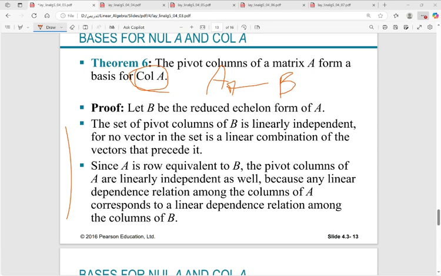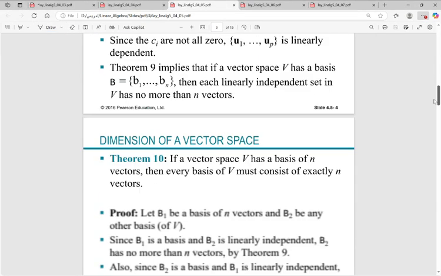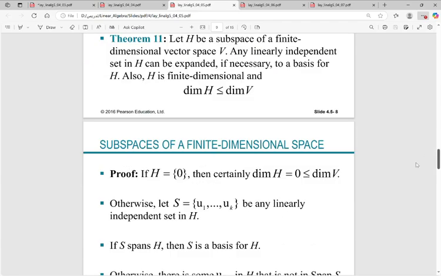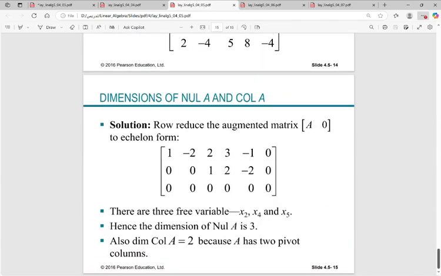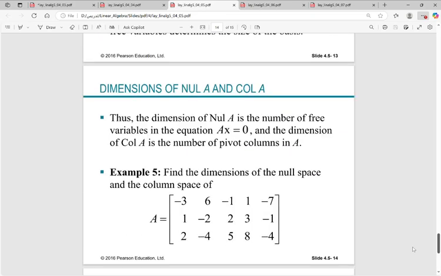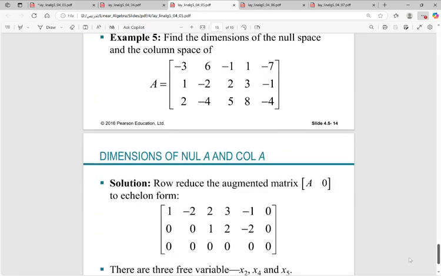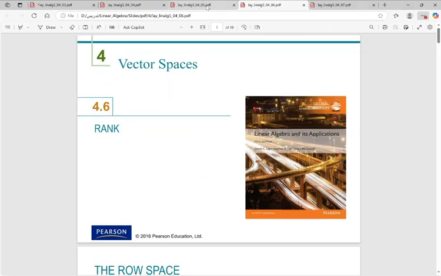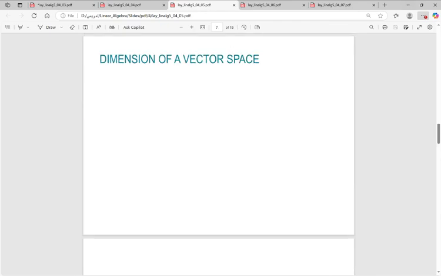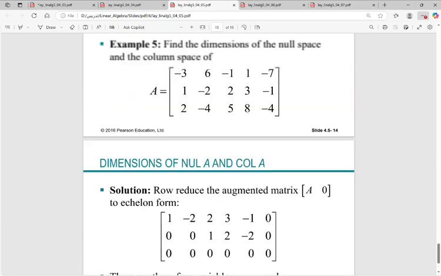No example. The thing is that writing over here is difficult, so I'm trying to find an example in the slides. Over here we have an example, let me see if I can explain it.